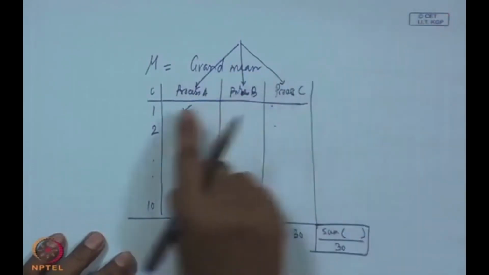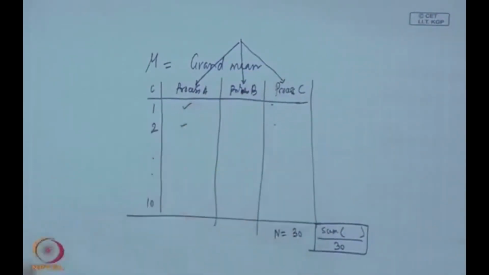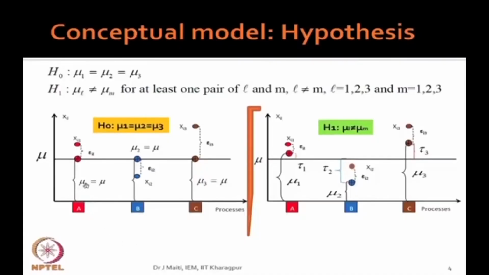Process A is one population, process B is another, process C is the other one. Mu 1 is the mean of process A, mu 2 is the mean of process B, and mu 3 is the mean of process C.